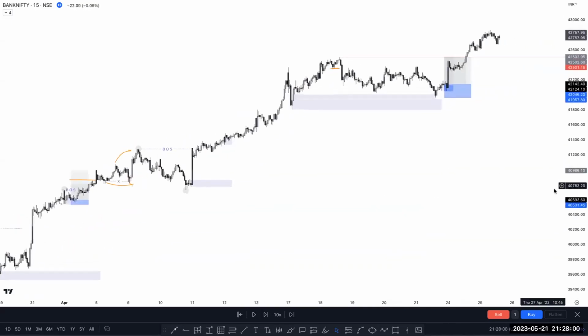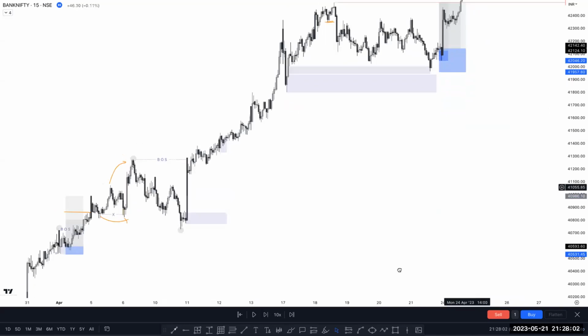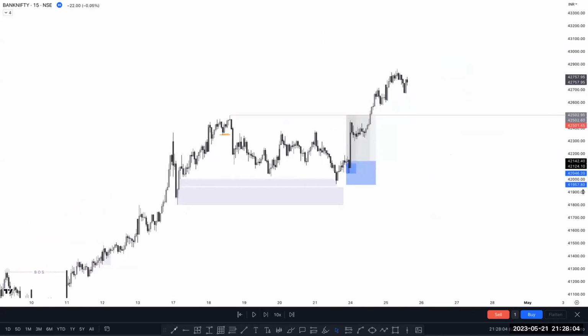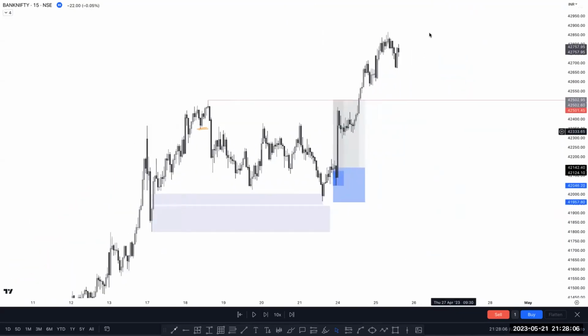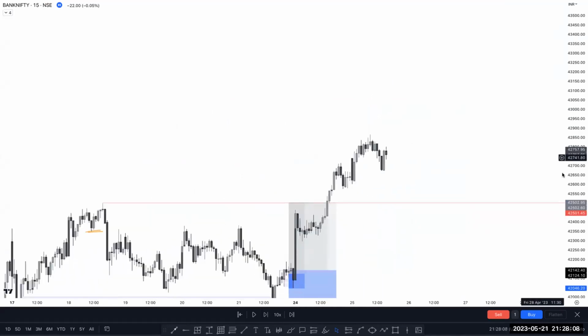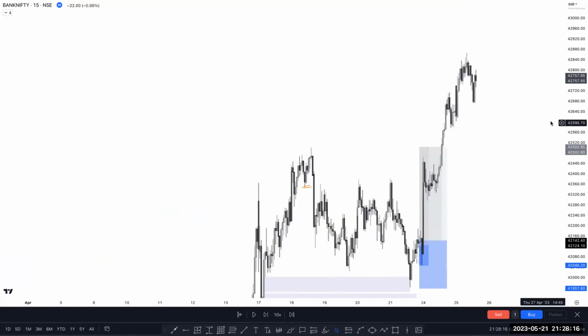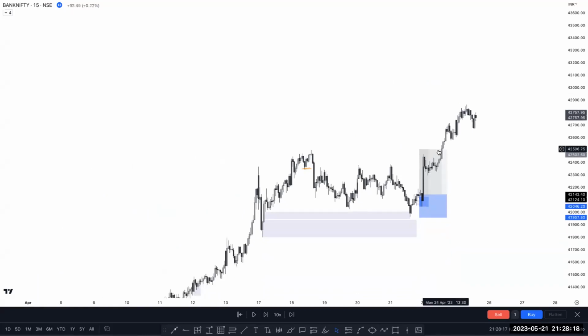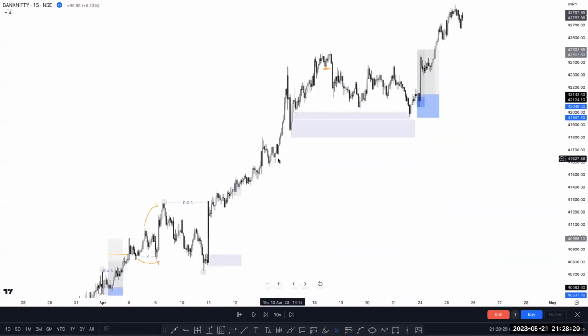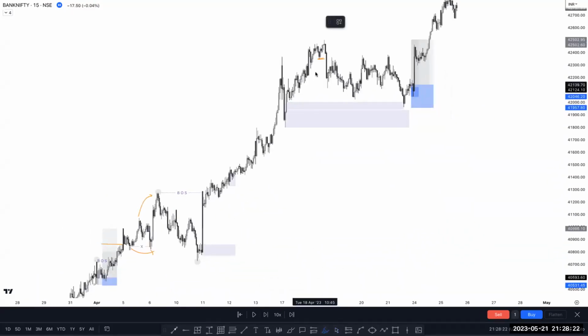Now again, you have to switch here again to take out the inducement, and first of all you mark the structure first. This point becomes our higher high and here is the higher low.